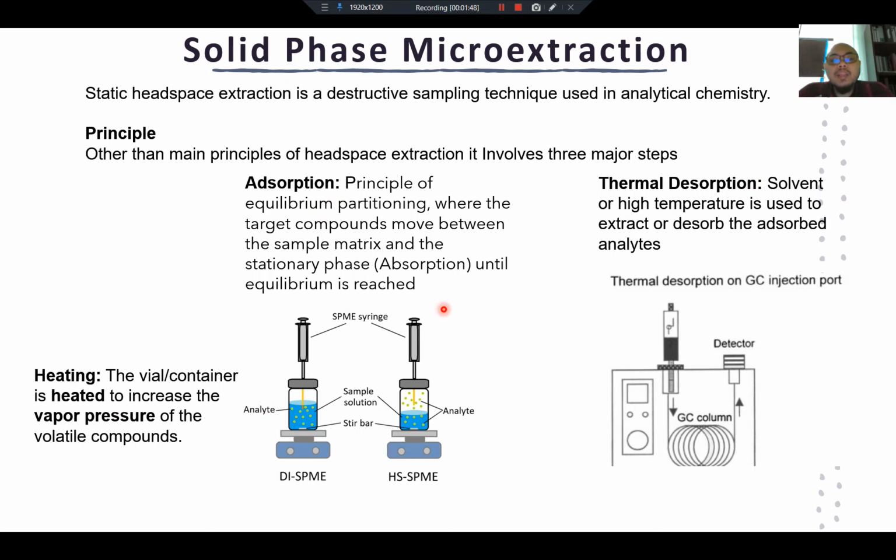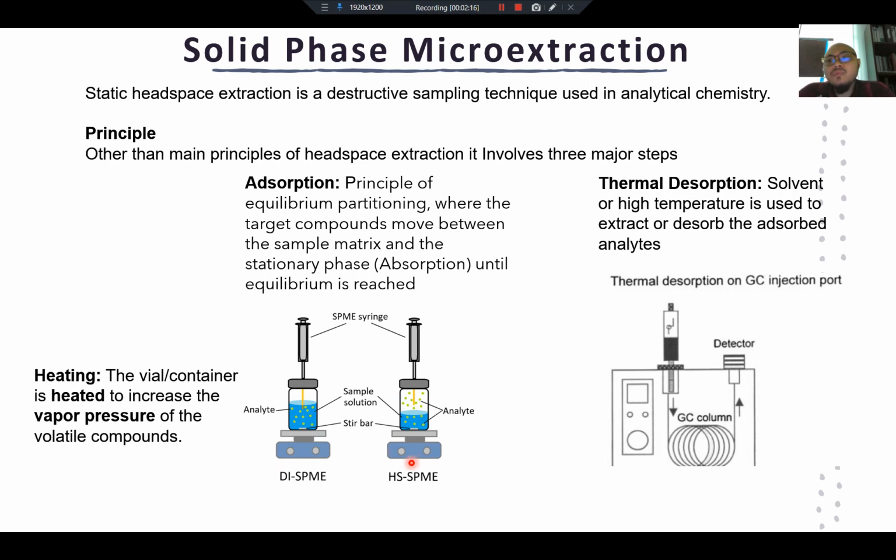So you can have two different settings for the SPME, either headspace or immersed SPME. You can have a direct immersion, and then you can have headspace extraction. First, direct immersion, and then you have the headspace SPME.